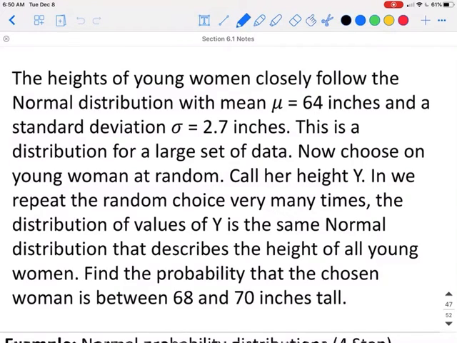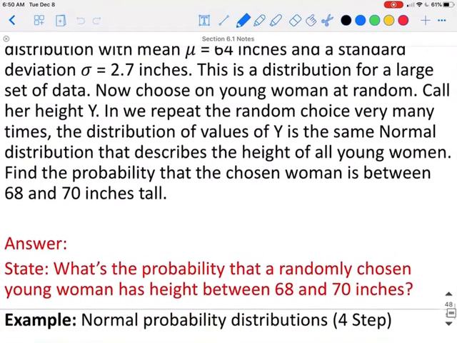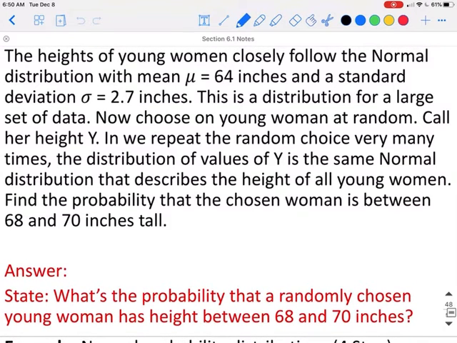The first thing we need to do is come up with our state, or what question we're trying to answer. For our state, we can say: what's the probability that a randomly chosen young woman has a height between 68 and 70 inches? Next comes the plan. We need to describe what we are going to be doing.